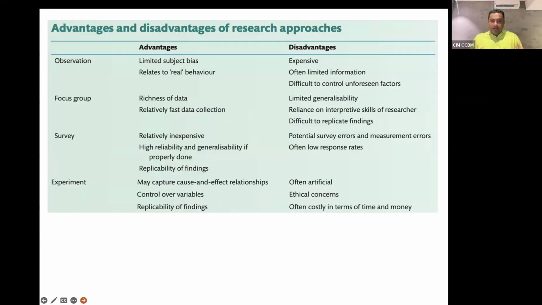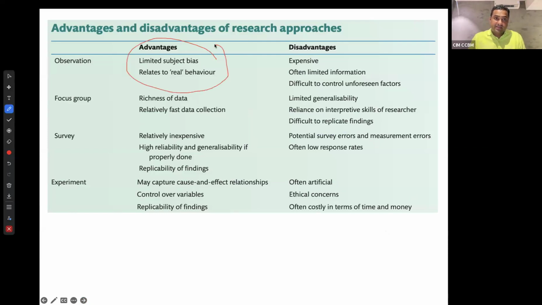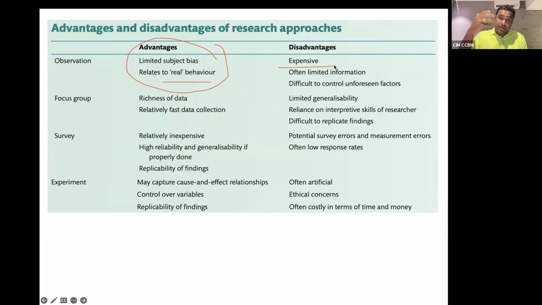So broadly, in conclusion, guys, what are the advantages and disadvantages of these research approaches? When you look at observation research, there's limited researcher bias, right? Because you're not asking the respondent, you're observing the respondent. It relates to real behavior, but it is very expensive because you need trained moderators.